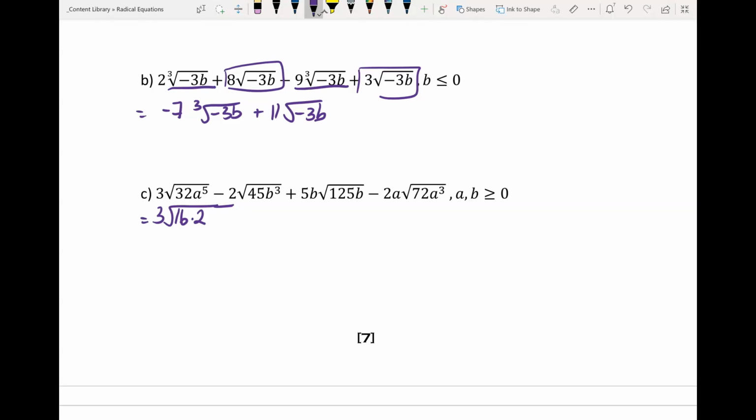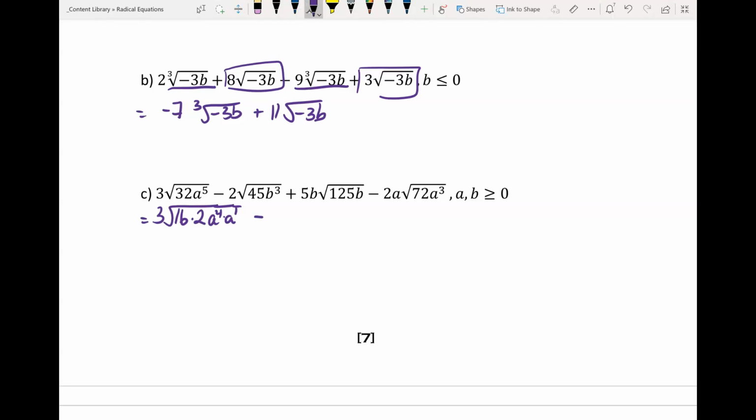I'm also going to rewrite a to the power of 5 as a to the power of 4 times a to the power of 1. So that's the same thing as a to the power of 5. But I can take the square root of a to the power of 4.